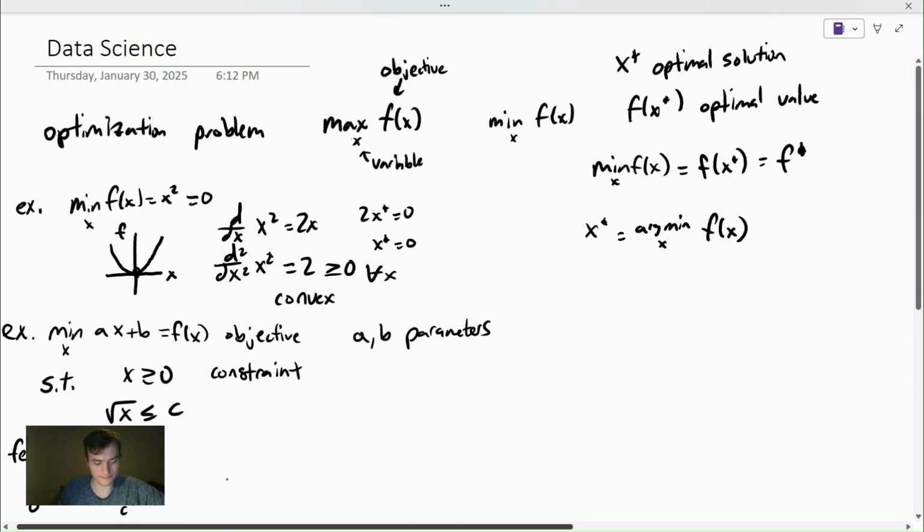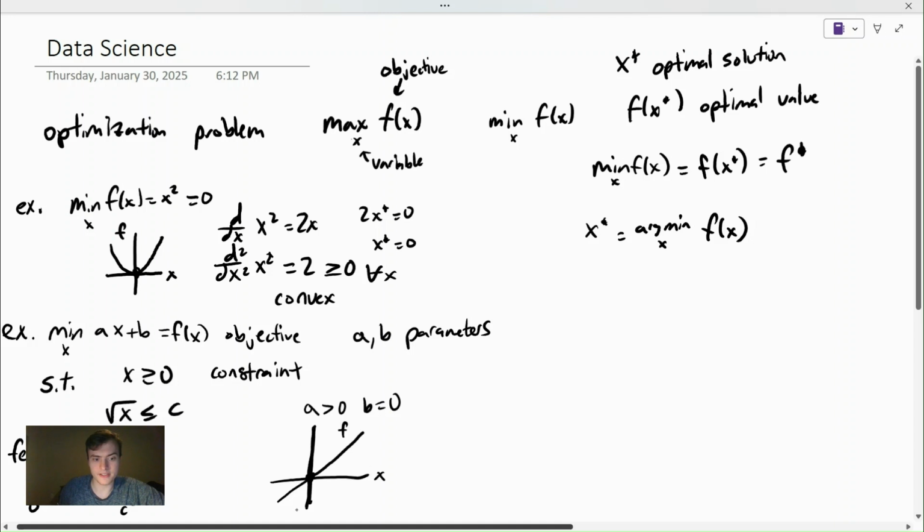We can look at specific scenarios for the parameters, like if a was greater than 0 and b equals 0, what would our graph of f look like? It would look something like this: we'd have f as a line, and then the x-axis is there, and we have x greater than or equal to 0.